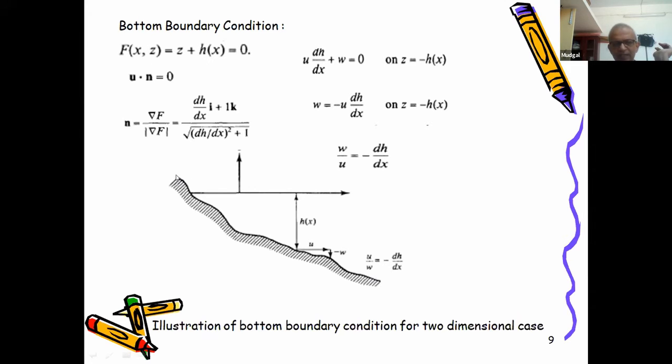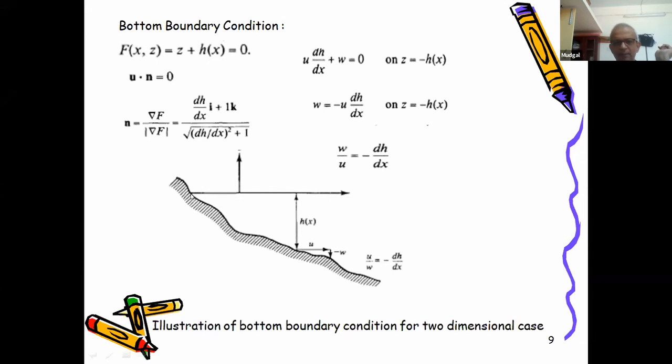That means you are looking at the equation for the bed. So this will have a value of x and z, and that would be equal to z plus h of x equal to 0. So you have u into del h by del x plus w equal to 0 on z equal to minus h of x.